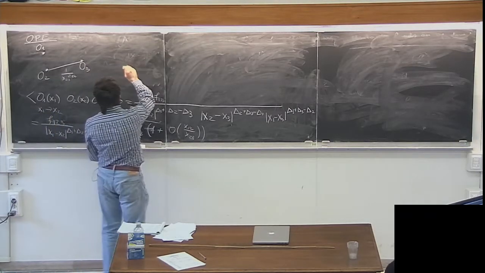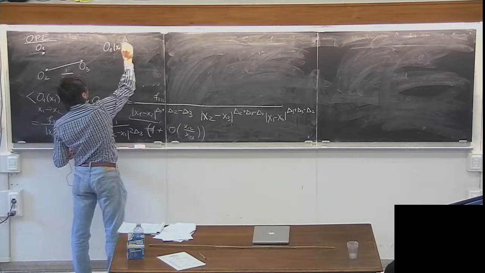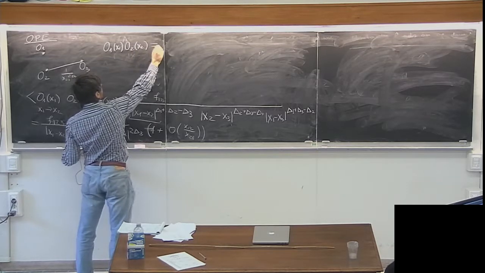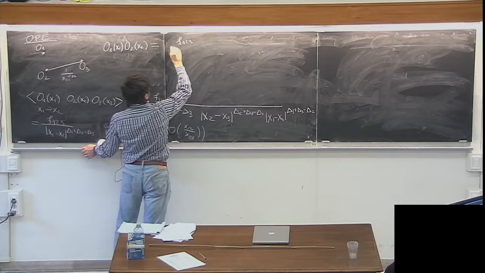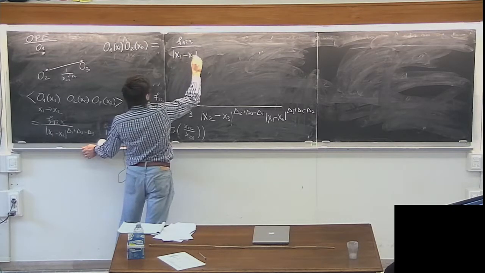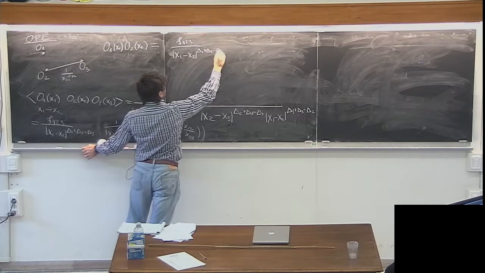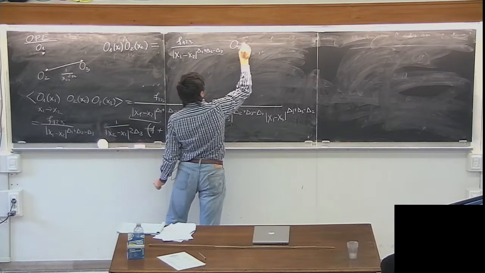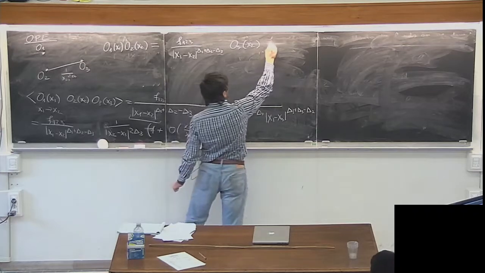I can write O1 of x1 O2 of x2 equals f1 to 3 divided by x1 minus x2 to the power delta 1 plus delta 2 minus delta 3, O3 of x2, plus dot dot dot.